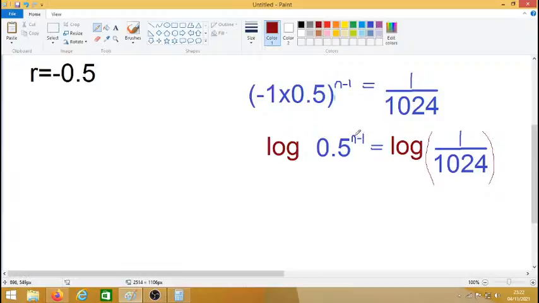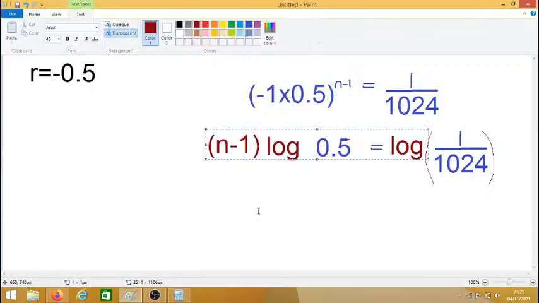So this n minus 1 power here, we're just going to bring it down, and it's going to come to the beginning of the log. If you're new to that concept, then you have to revise a little bit of your first year logarithms. So there's your n minus 1. I'm just going to rewrite that so it's nice and big because it's no longer a power now.